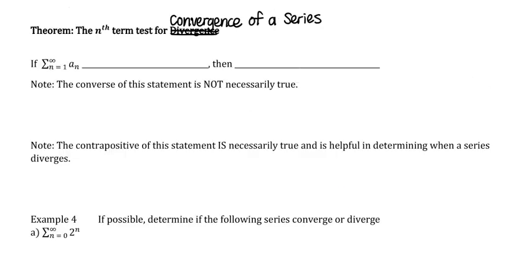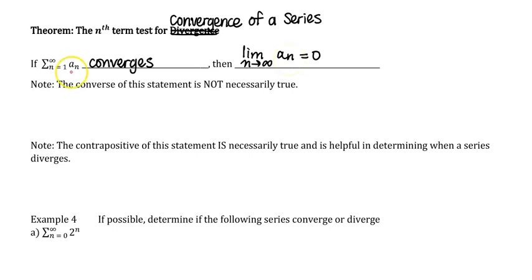Both geometric. Next, we have a theorem that tells us what the nth term of a series is doing if the series converges. So please fix that on your note sheet, cross out divergence, and replace that with convergence for me. The theorem says that if an infinite series converges, then the limit of that series as n approaches infinity is equal to 0, the limit of the nth term of that series.